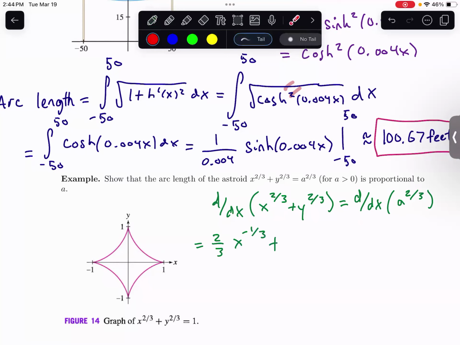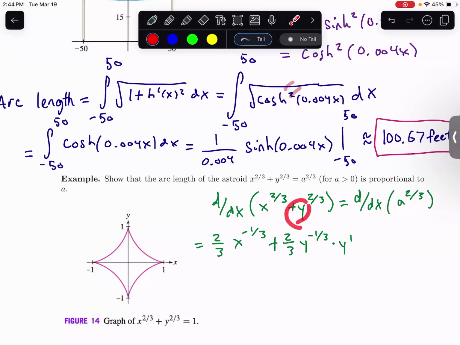So when we take the derivative with respect to y, we have to use the chain rule because we're thinking of y as being a function with respect to x. So we treat the derivative of y to the 2/3 at first, just like usual. So we'll use the power rule to get 2 over 3 times y to the minus 1 over 3. But then you have to remember to multiply by dy dx, which we'll just write as y prime.